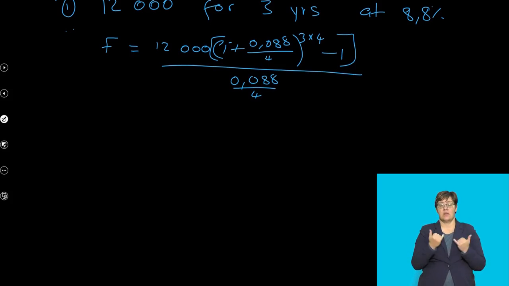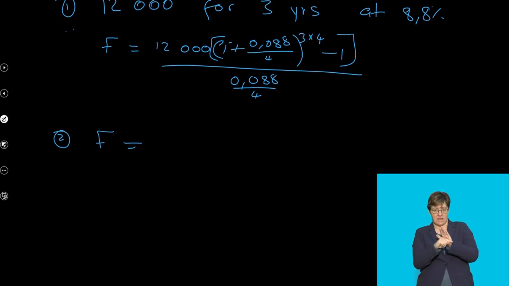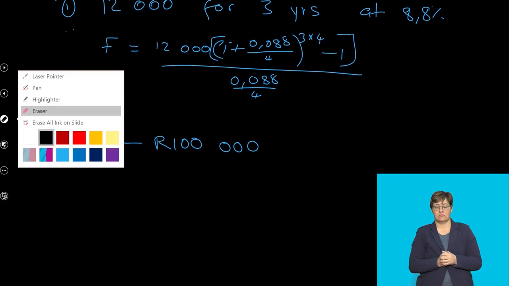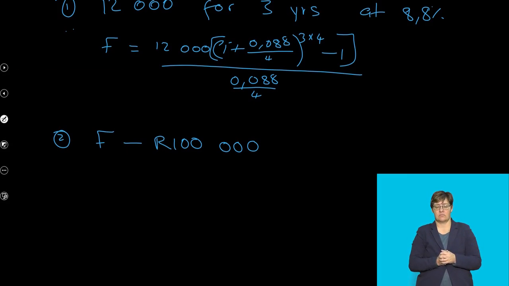And then you will find what that answer is. And then number 2, we will say F minus 100,000. Right? That's the withdrawal that we are talking about, that he made from this investment.